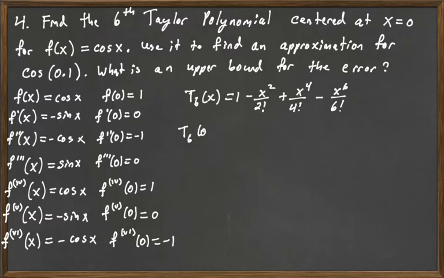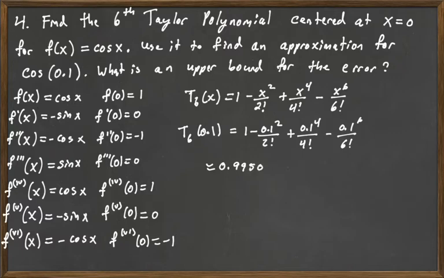So the 6th Taylor polynomial evaluated at 0.1 is going to be 1 minus 0.1 squared over 2 factorial plus 0.1 to the 4th over 4 factorial minus 0.1 to the 6th over 6 factorial, which is going to be approximately 0.99500416527, etc.